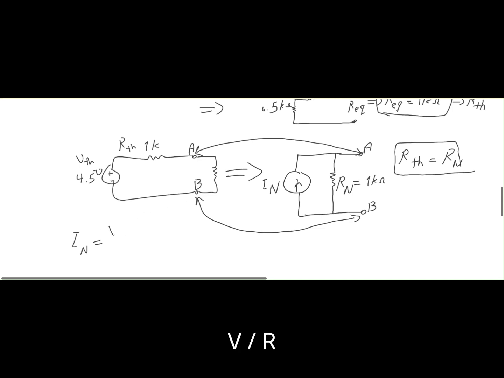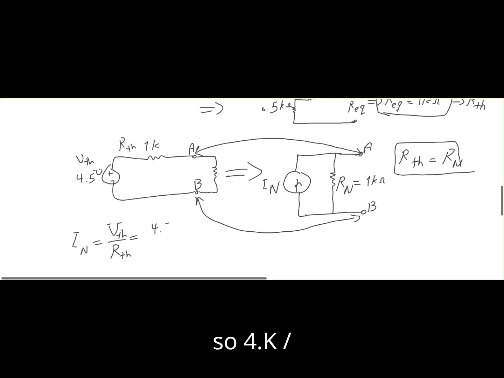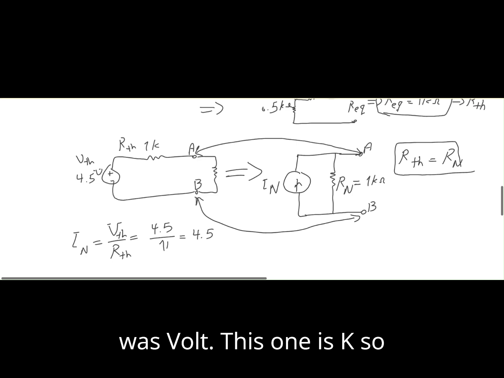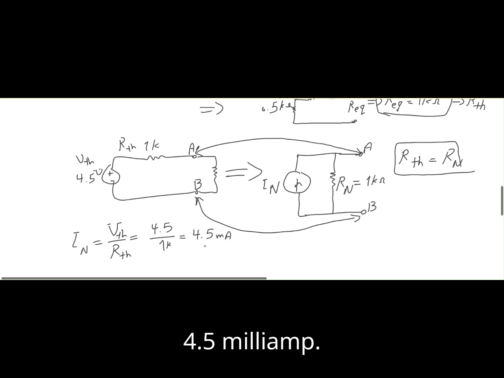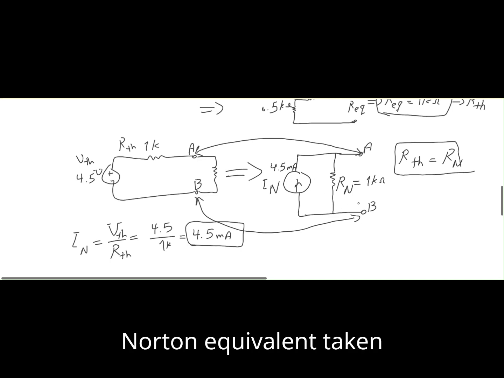I equals V over R, right? So I Norton is V Thevenin divided by R Thevenin. So 4.5 divided by 1, which is 4.5. That was volt, this one is K, so 4.5 milliamp.